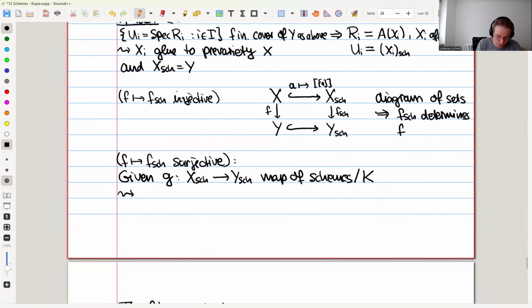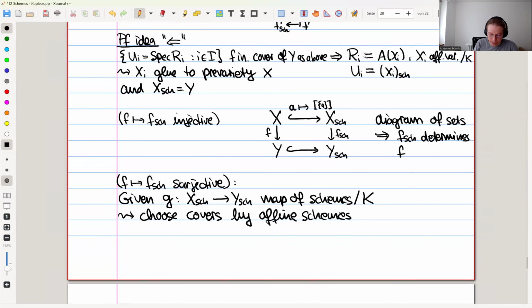So choose covers by affine schemes as above, then all of these affine schemes give you these varieties here.